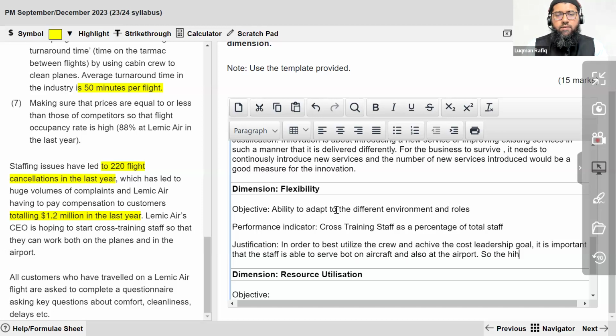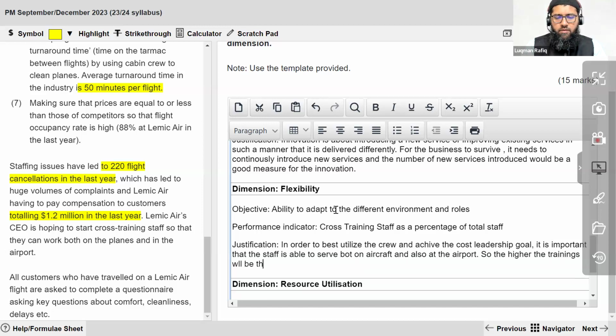So the higher the training will be, the better the staff will be able to serve.